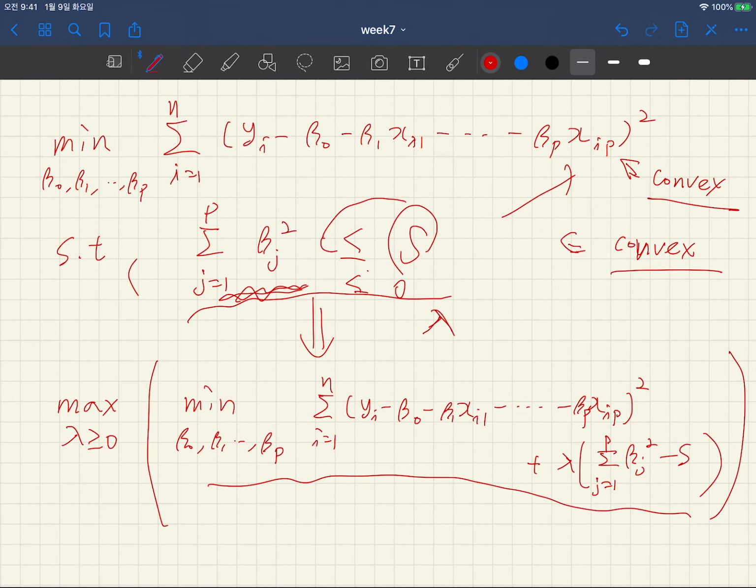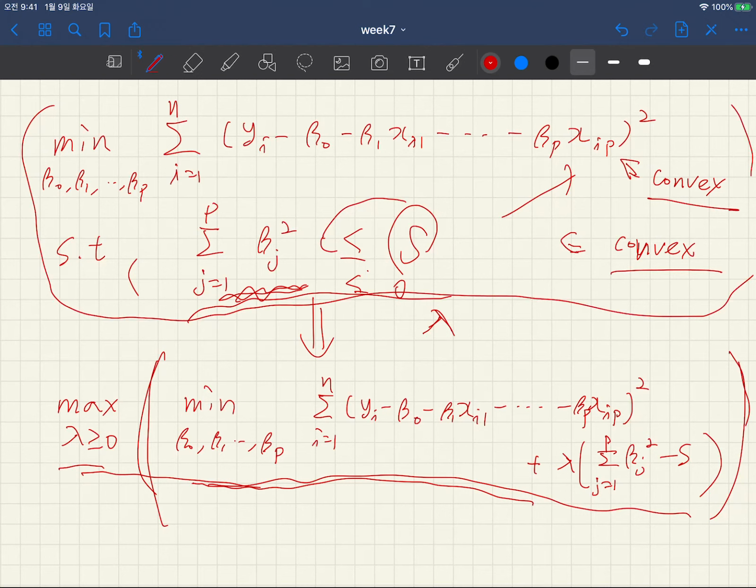Then solve the same minimization problem, but you control the Lagrange multiplier so that this solution is maximized. After solving this dual problem, you naturally have the solution for the original problem. This is the Lagrangian dual approach.